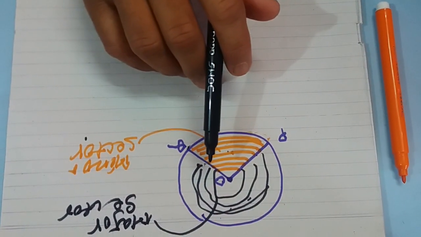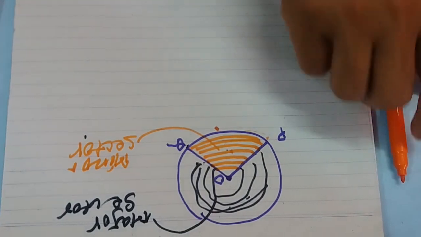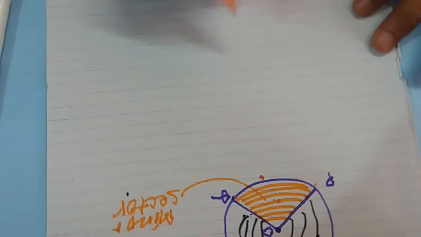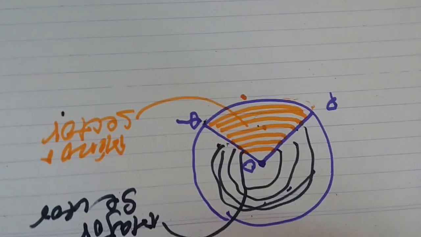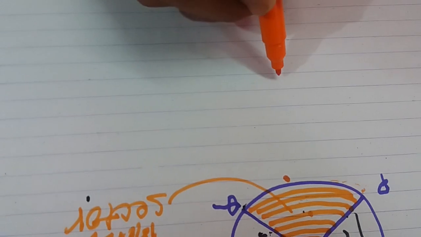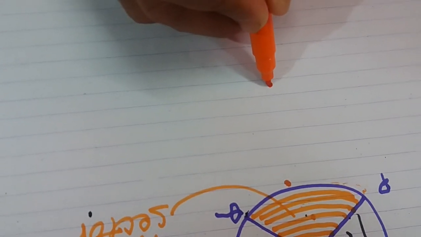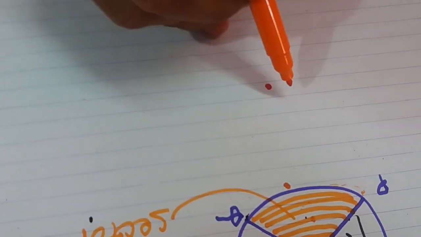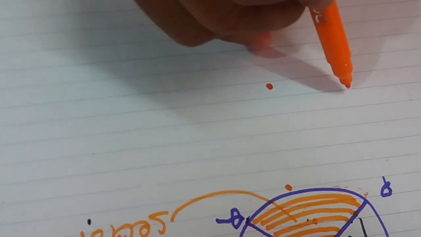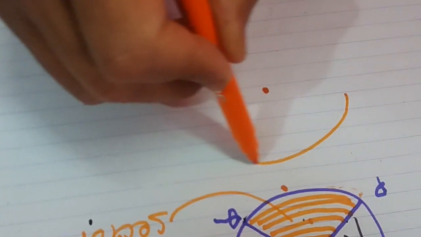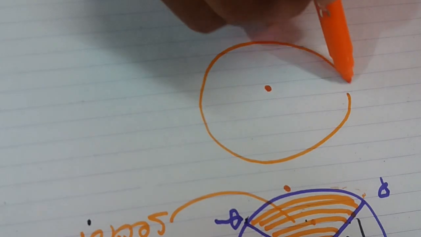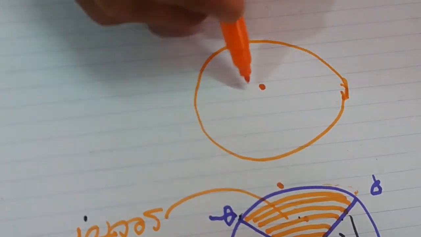Now the third thing we discuss here is the concentric circle. Let me draw the concentric circles. Suppose this is a fixed point, and we draw a circle taking this fixed point as a center.